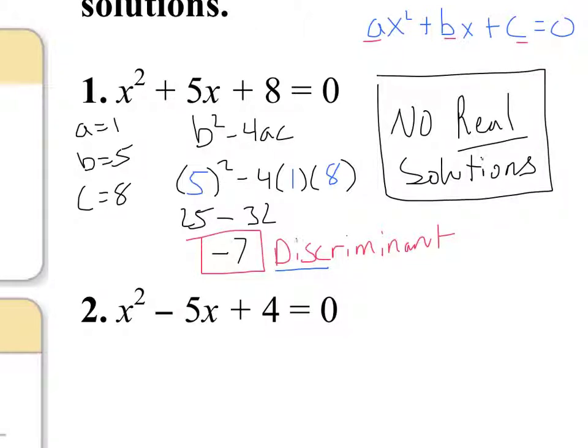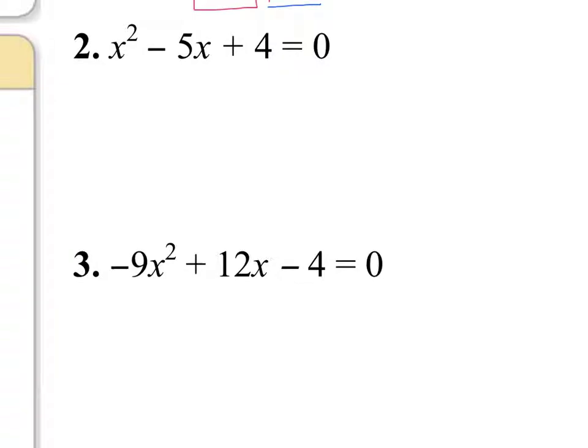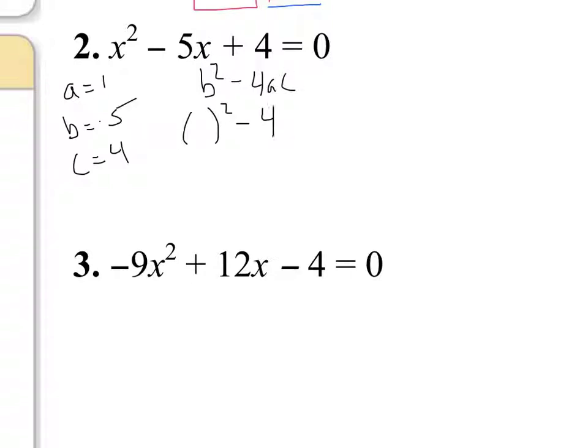Let's take a look at number 2. In number 2, a is 1, b is negative 5, c is 4. So again, we plug into b squared minus 4ac. Give myself the open parentheses to plug into. So b is negative 5, a is 1, c is 4.